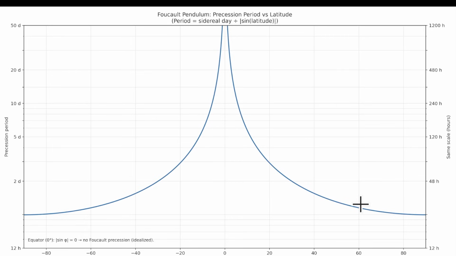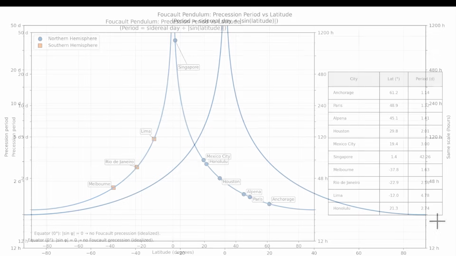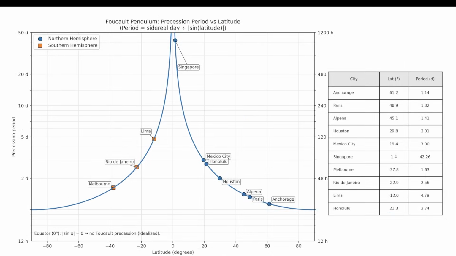Let's compare this to an actual set of Foucault pendulums located throughout the world and see if this matches up. Here we have an actual collection of Foucault pendulums throughout the world. You can easily see the cities in the southern hemisphere and in the northern hemisphere, ranging from Anchorage, Alaska, all the way up to Singapore at 1.4 degrees north latitude.